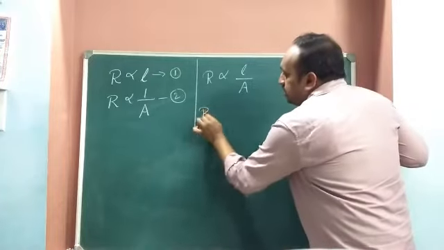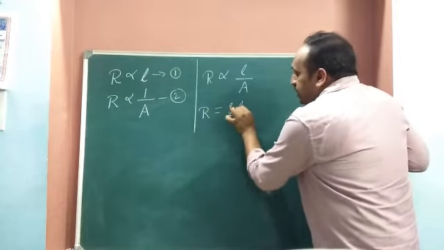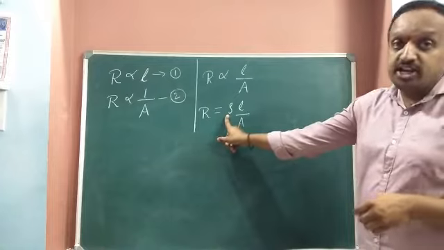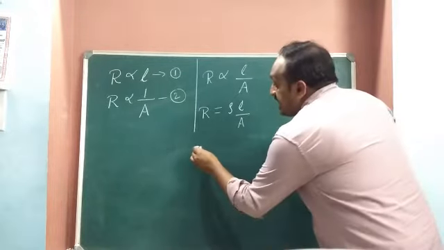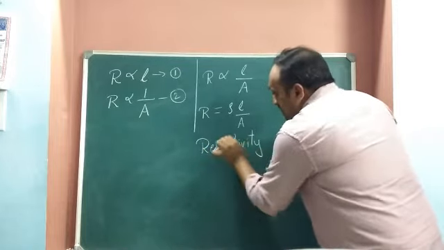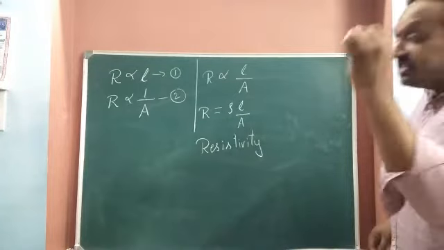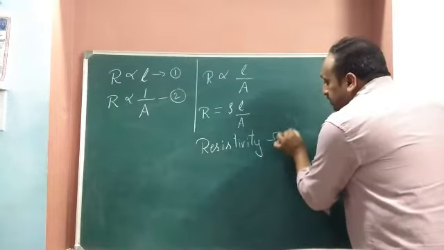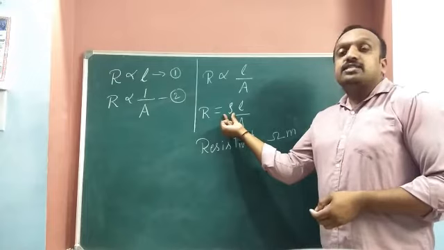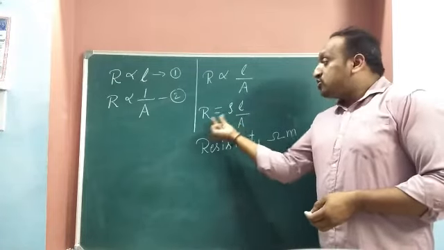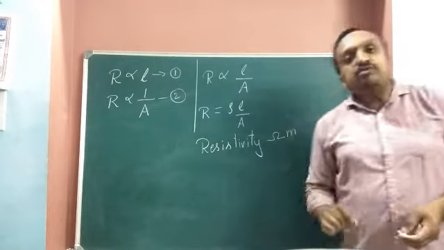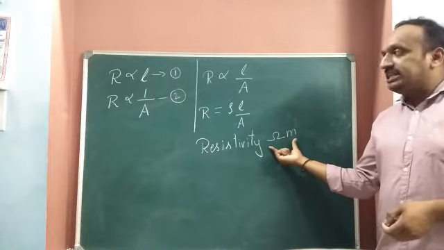Then R is equal to rho L by A, and this rho is called the proportionality constant, and the name given is resistivity. I repeat, this is called rho, the proportionality constant. Another name is resistivity, and the unit of resistivity is ohm meter.